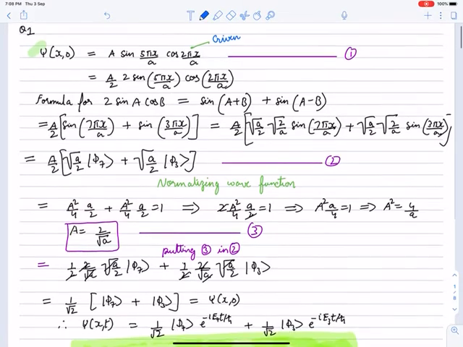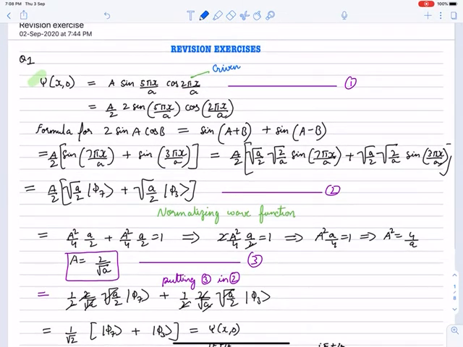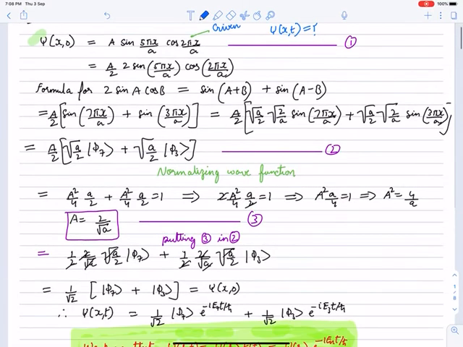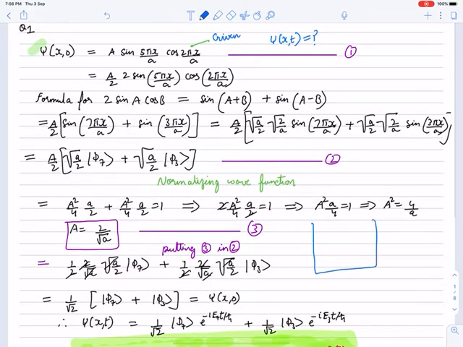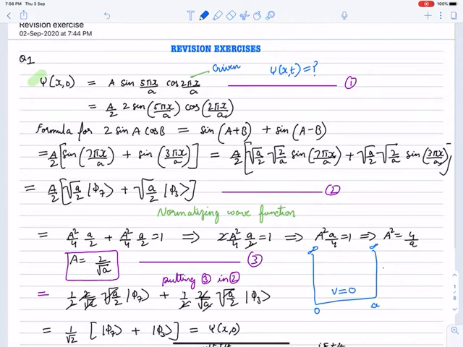You have to calculate psi x, t, with psi x, 0 given, and the particle is in a box, 0 to a, with infinite potential walls and V equal to 0 inside.